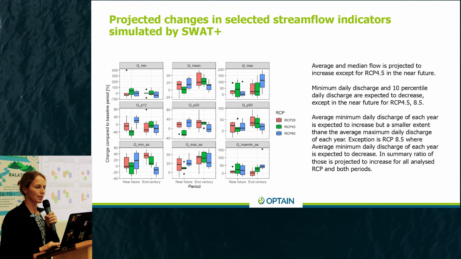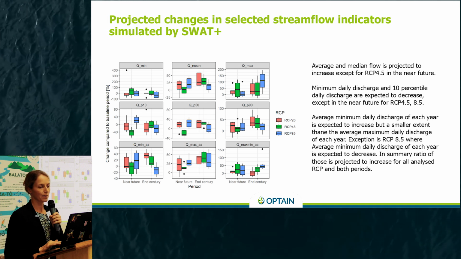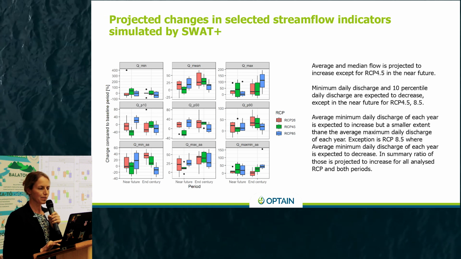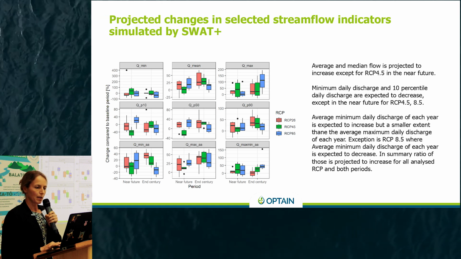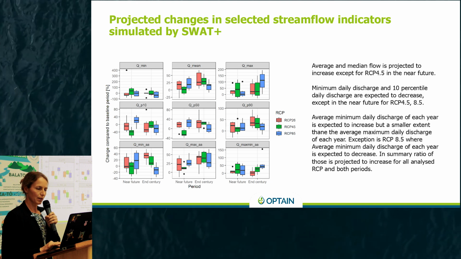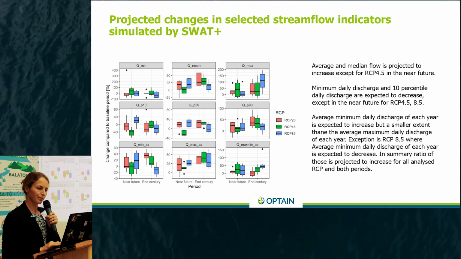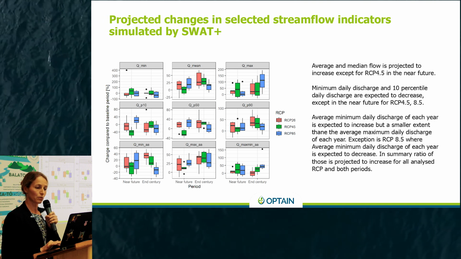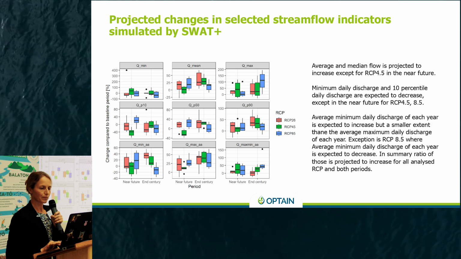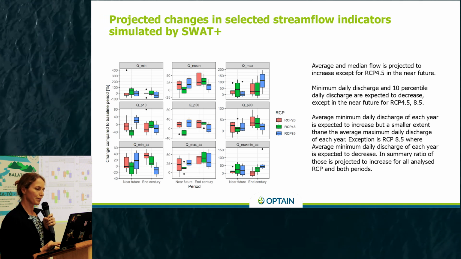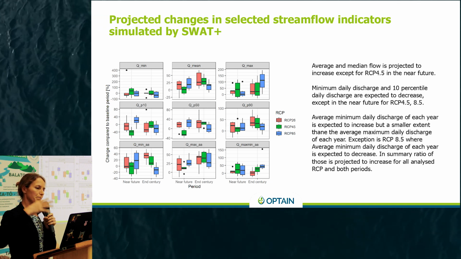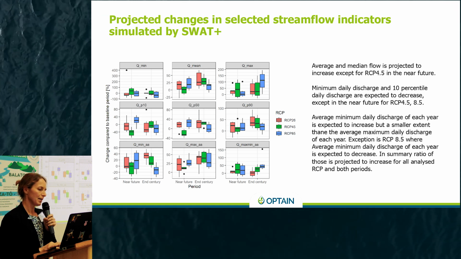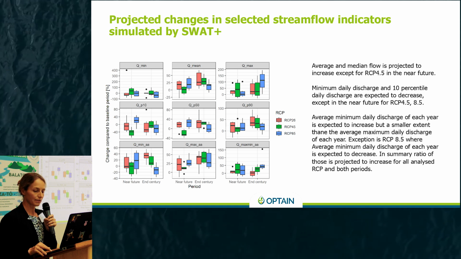Okay, there are some exceptions, so we cannot say that for every RCP it is the same, but for sure the average minimum daily discharge of each year is expected to decrease, and the difference between the maximum and minimum will be bigger and bigger, so we will have more extreme cases.